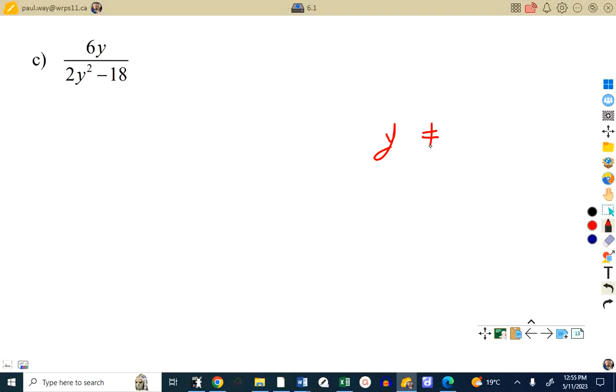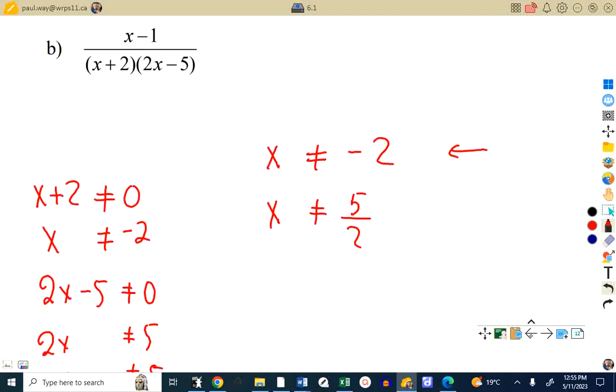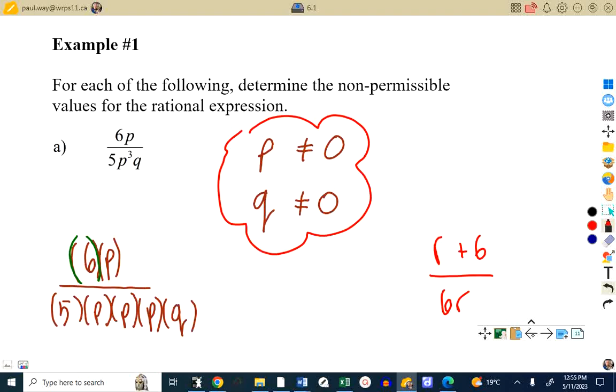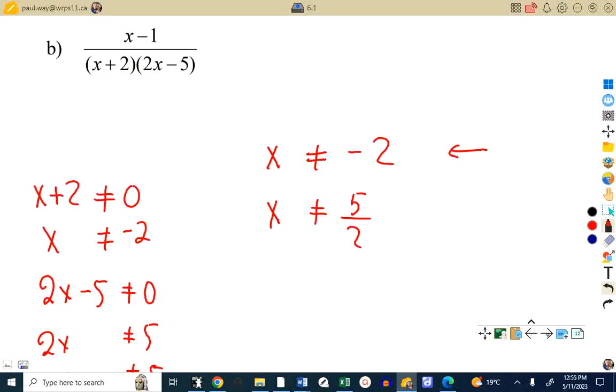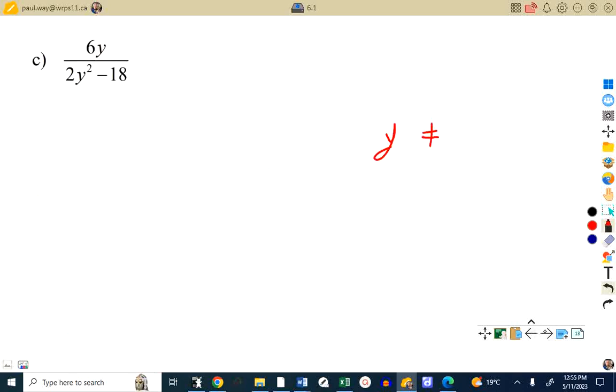If you were to look back at B, B was already factored. If you were to look back at A, it was already factored, right? It's all multiplied together. When we take a look at C, I can factor a common factor of 2 out of the denominator, and that leaves me with y squared minus 9.